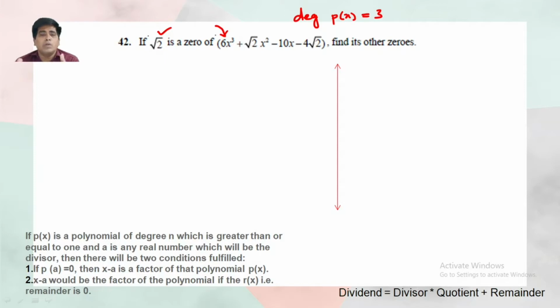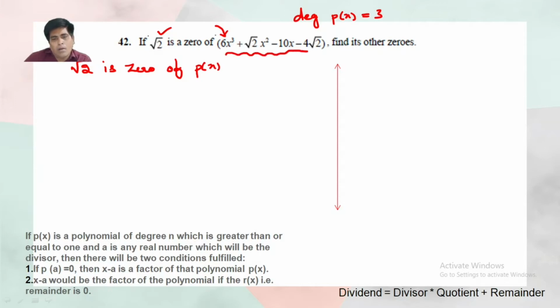We have to reduce this cubic polynomial to a quadratic polynomial. Then how to reduce that? When root 2 is a zero, this is very important. When root 2 is a zero of p of x, I'm assuming this whole quantity as p of x.